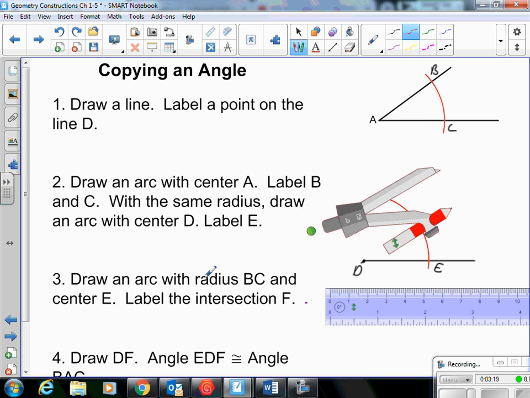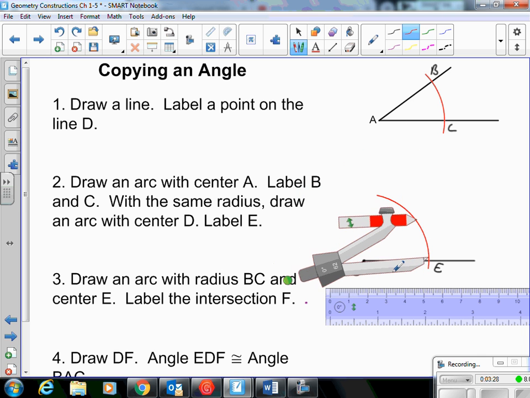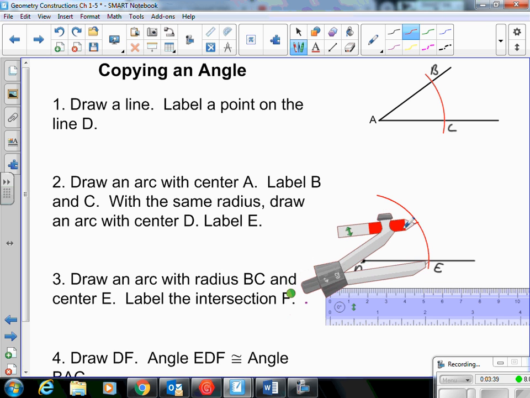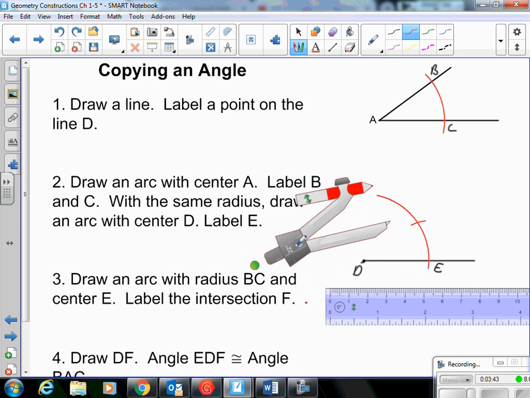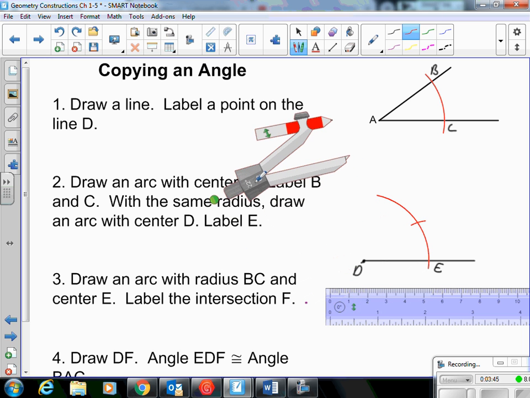And then we're going to come back down here, and it says the center of this arc we're about to draw is E, so the point of our compass is going to go on point E. And this doesn't have to be a big arc here, we just need to intersect the first arc we drew. So that'll be good enough right there.